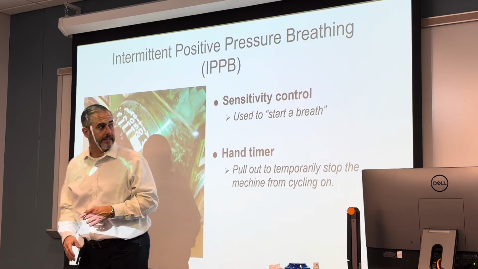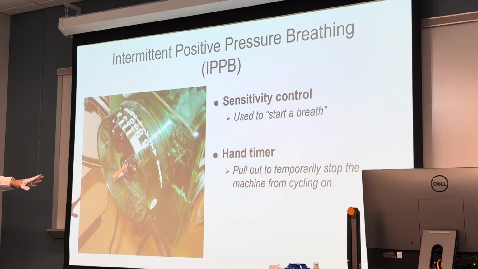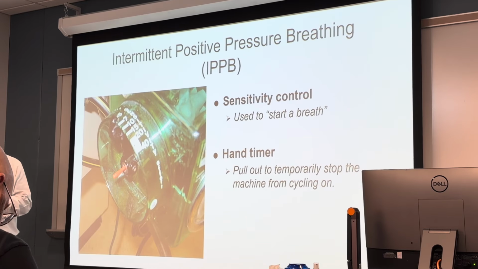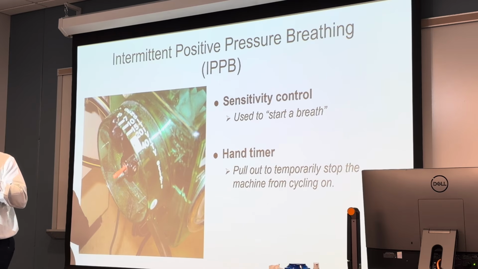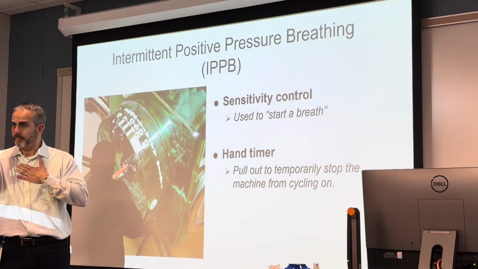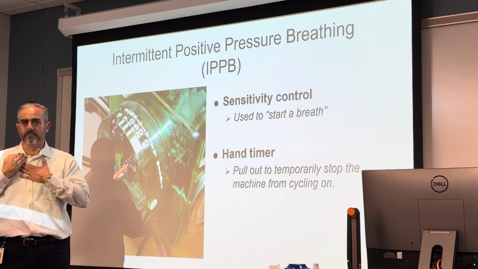Now, go ahead and jot this down because I don't think I included it on the screen here. The sensitivity setting should be somewhere between -1 and -2 centimeters of water pressure. What that means is when the patient inspires, they're going to pull just a little bit, -1 or -2 centimeters of water.